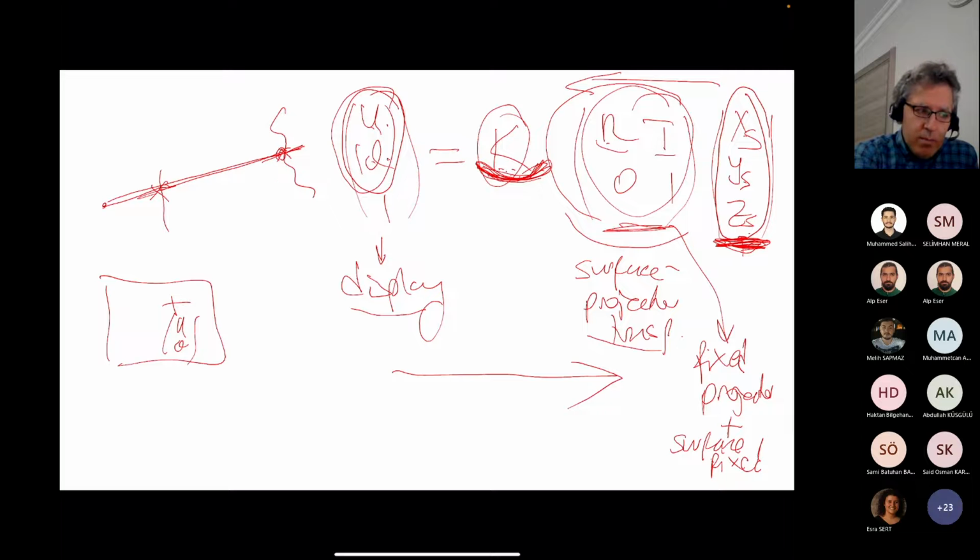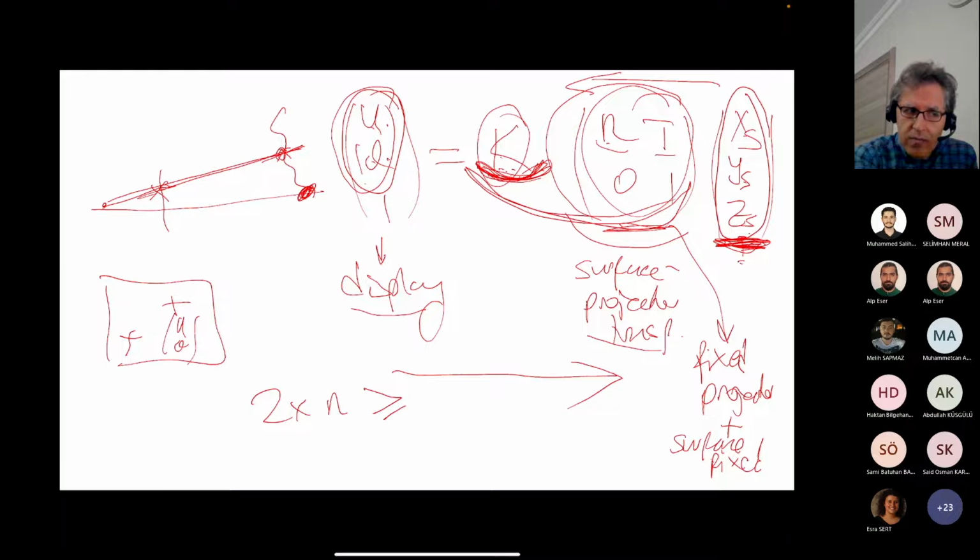I can do another point, go and look at where it is in the scene, measure it, and get another set of equations. Each of these measurements will give you two equations. So 2 times n should be larger than or equal to the number of unknowns, which you can see here: 5 here, 6 here, 11 unknowns.